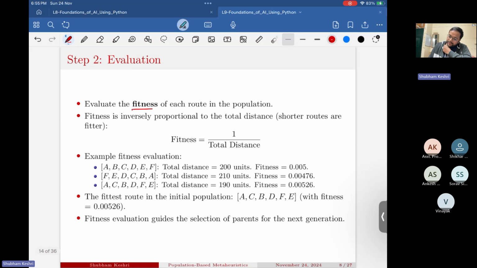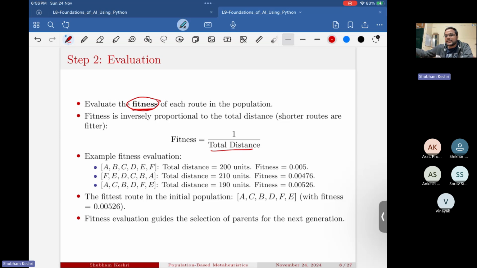Then what are we doing? We're calculating the fitness. Over here, this fitness term means whenever it is higher, it is good. So for a maximization problem, the objective function will become your fitness. Whatever the objective function value, that is the fitness of that individual. But for a minimization problem, you have to invert it, or there are other ways also. Over here I am just inverting it: 1 by distance.